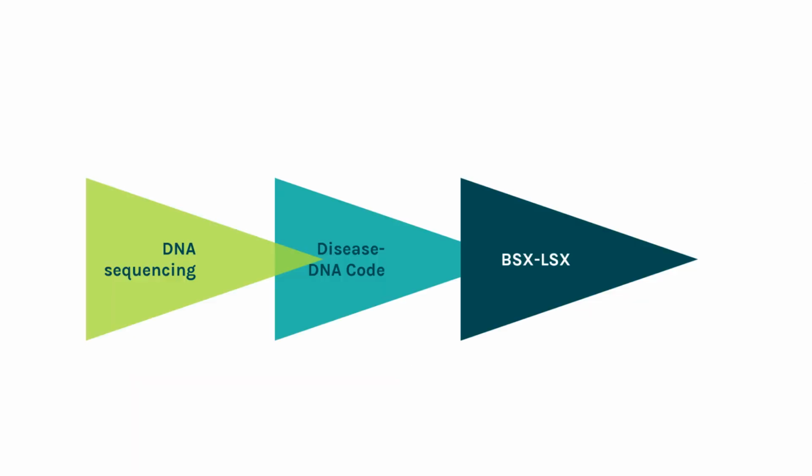The first example is DNA sequencing. The correlation between two DNA sequences is nothing but mutual information. One sequence can be predicted from the other sequence. This process is again mutual information between two sequences. Similarly, in the second example, the relationship between disease and DNA code is again mutual information.